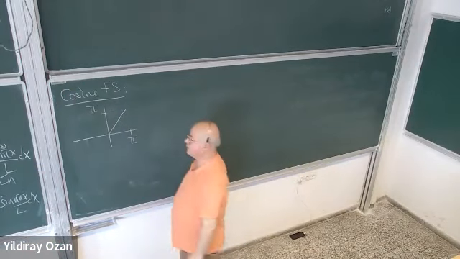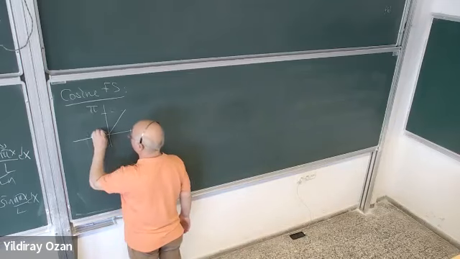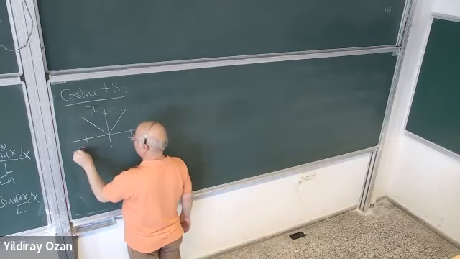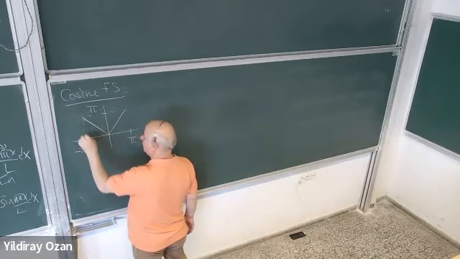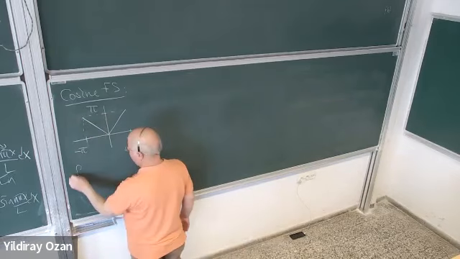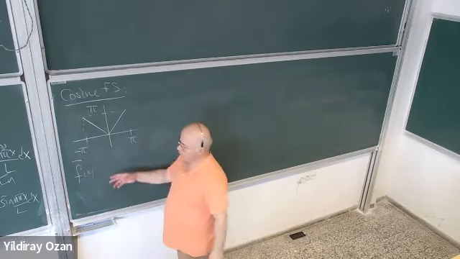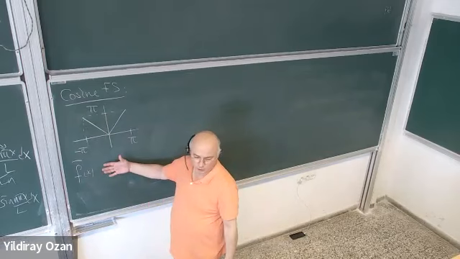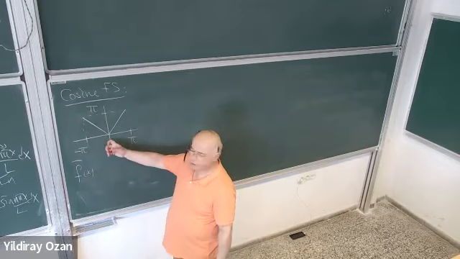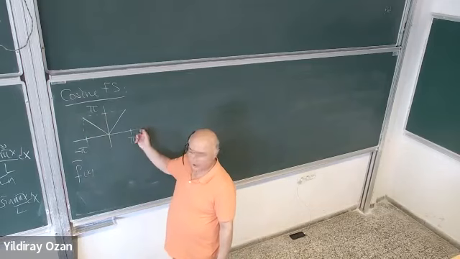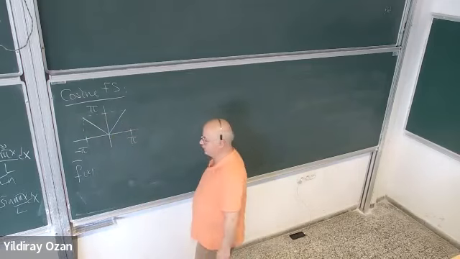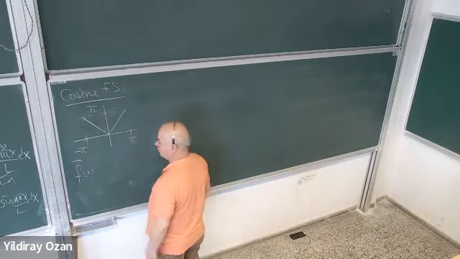If you want to extend this as an even function, then you have to have this. So f bar is just this function. But actually, in computation, we don't use this because we always convert the integral to an integral from 0 to pi. Therefore, we just work with f, not f bar.